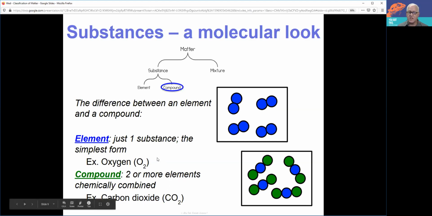So, oxygen is an element, a covalently bonded element, but oxygen, O2, that we breathe, is one substance. A compound, like carbon dioxide gas, is one carbon and 2 oxygen atoms combined to make carbon dioxide.